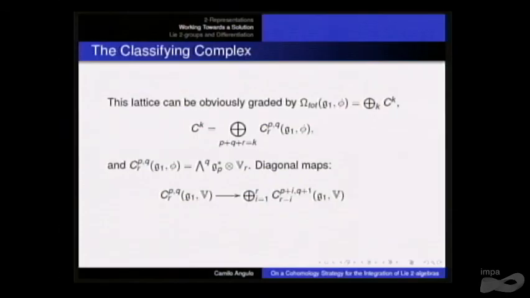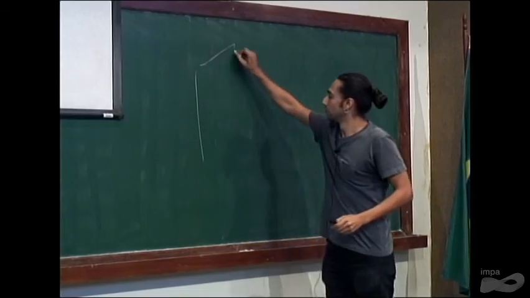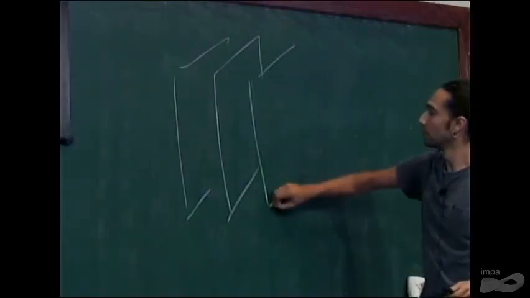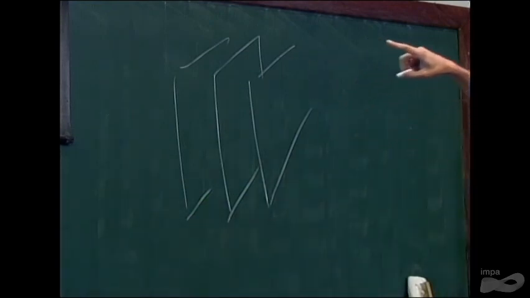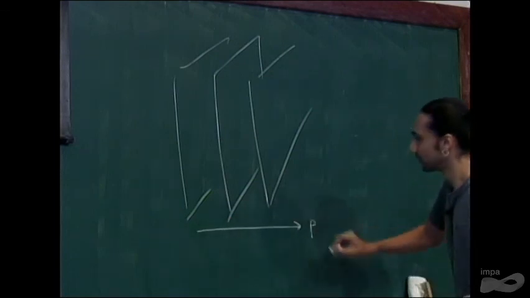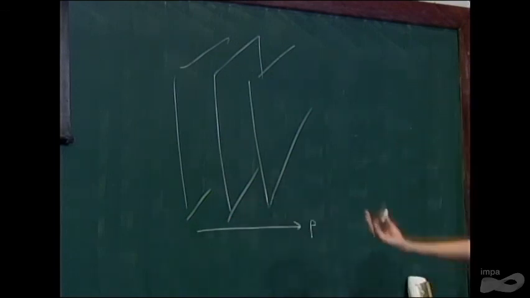And then you need to add these diagonal maps. But then if you look at the gradings here, you will realize that although they don't commute, they do induce a map of... so see that all these maps are moving in the P direction and also in the Q direction.